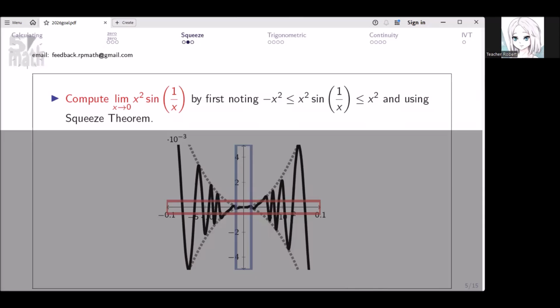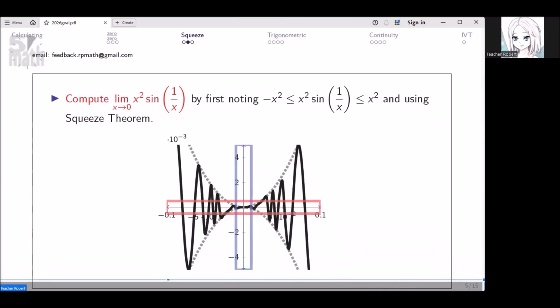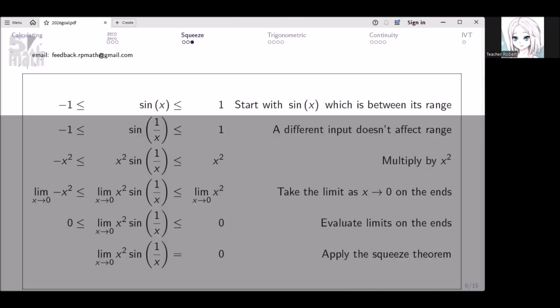Compute limit x approaches 0 x squared sine 1 over x by first noting negative x squared is less than or equal to x squared sine 1 over x less than or equal to x squared, and using squeeze theorem. Here is a picture. Start with sine x, which is between its range.